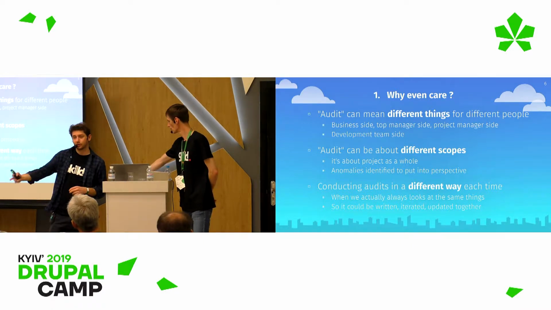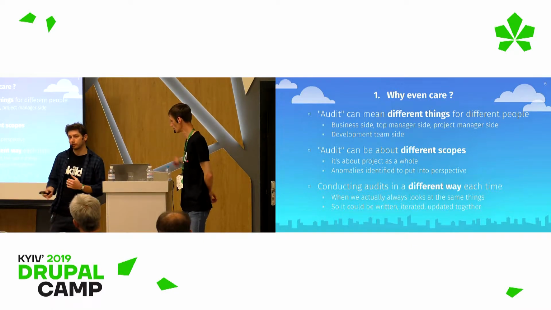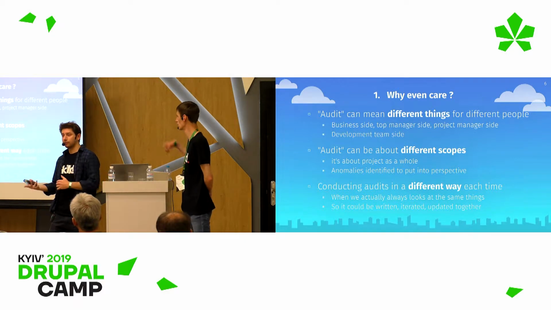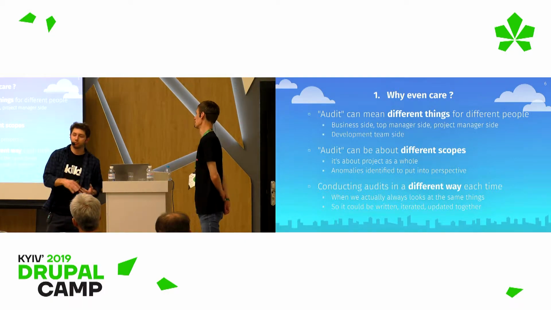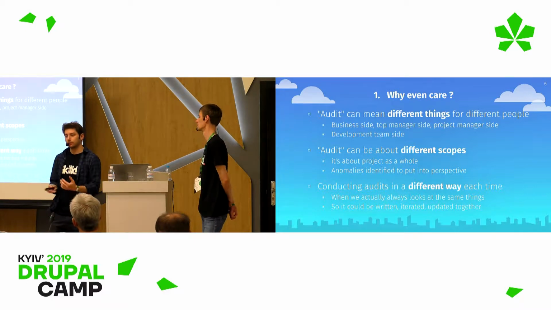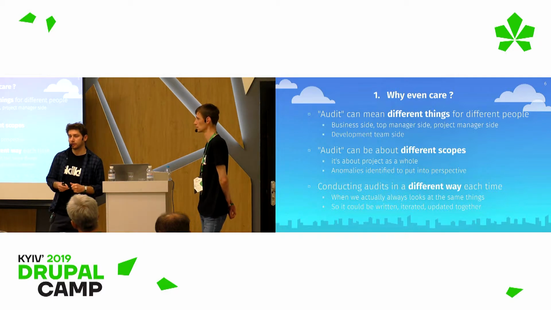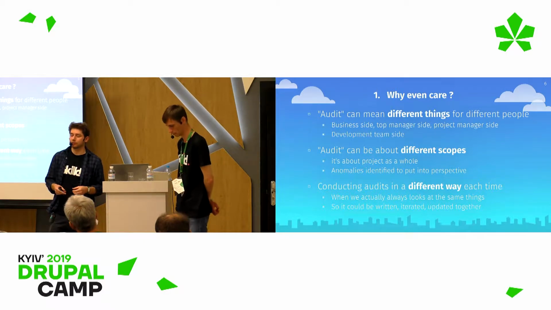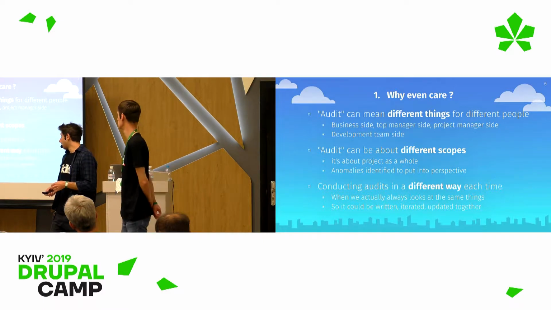Or is it the business team that is asking you to conduct the audit because their business requirements were not met during development? Basically, audit can mean different things for different people. According to who you talk to, you have to take that into consideration for how you will conduct the audit and what you will say at the end in the final report.